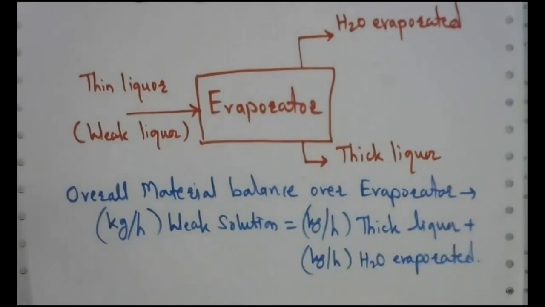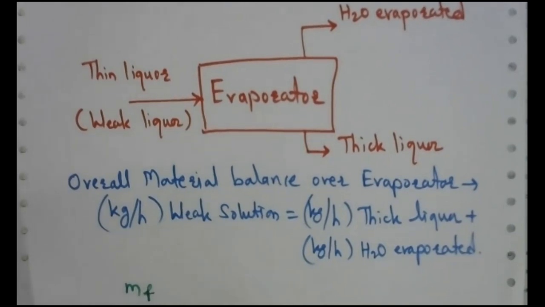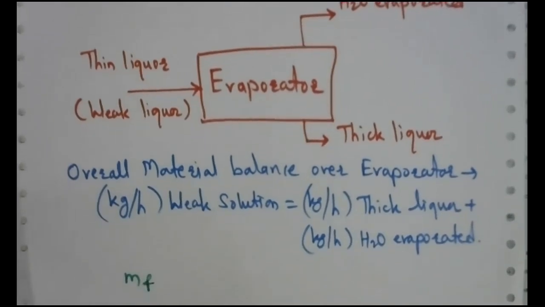We can write this material balance equation in terms of some symbols or parameters. We are going to use the mass flow rate indicated by small m. If it is a weak solution or feed, then we can write m suffix f, that is mass flow rate in kg per hour of feed.